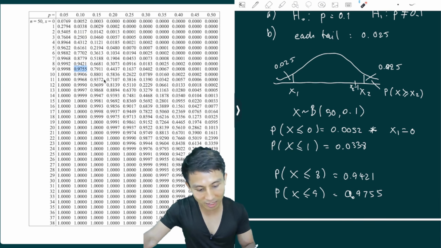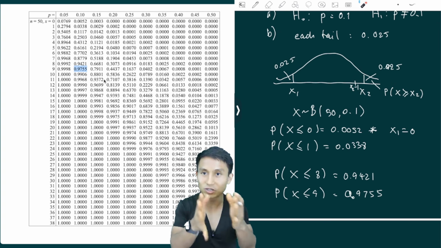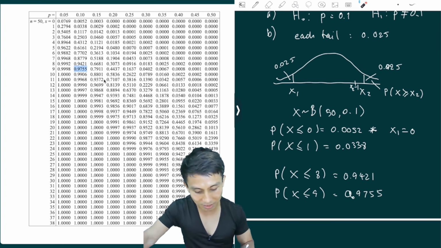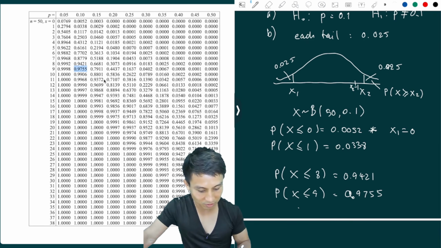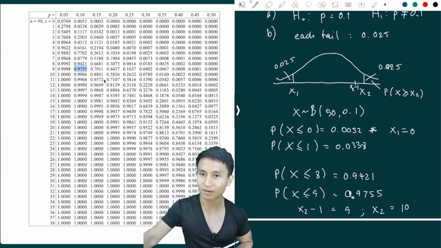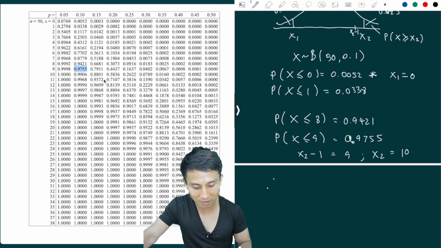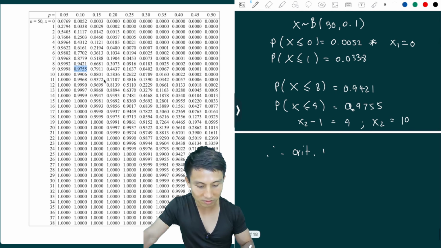But don't forget that the critical region will have to be one more to the right, because we're dealing with discrete. That means this is only x2 minus 1, so x2 minus 1 is 9, which means x2 is going to be 10. You've got to go one more to the right. So that means the critical region is just the thing we want here.